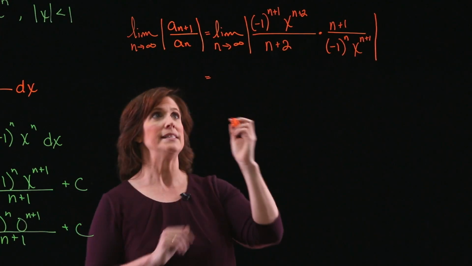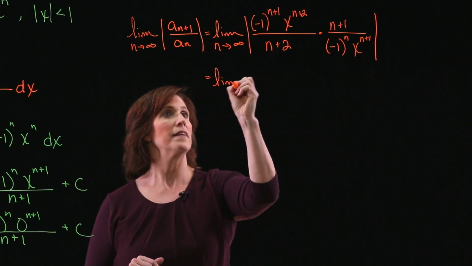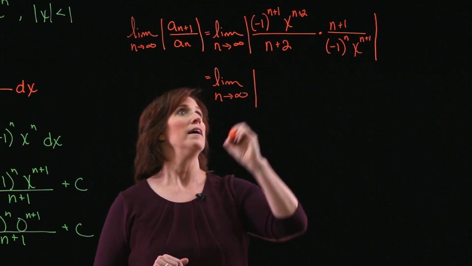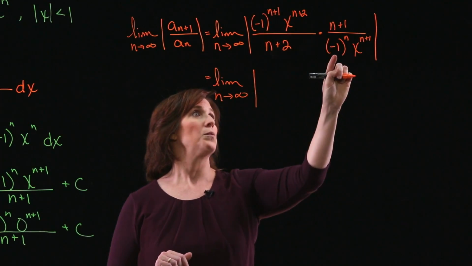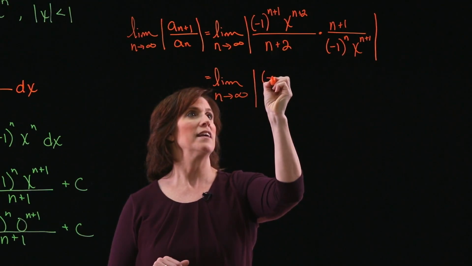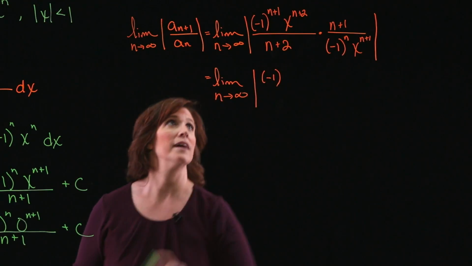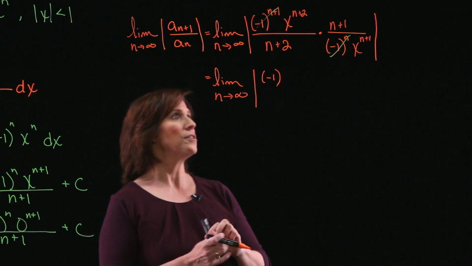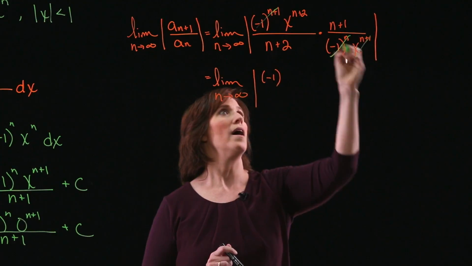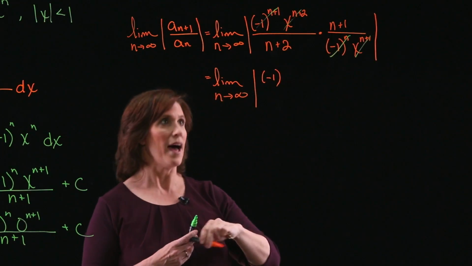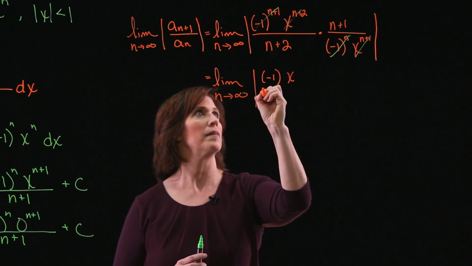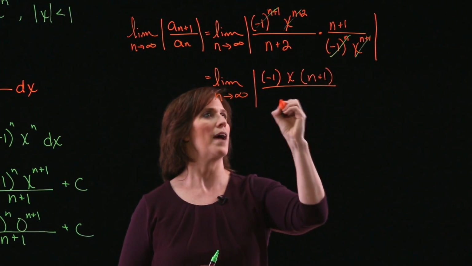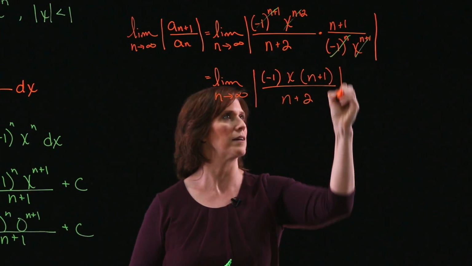Let's simplify the piece inside the absolute value. Negative 1 to the n plus 1 over negative 1 to the n just gives me a minus 1 because those cancel. I can also cancel x to the n plus 1 with x to the n plus 2 and just have an x in my numerator. I also have n plus 1 in my numerator and n plus 2 in the denominator.